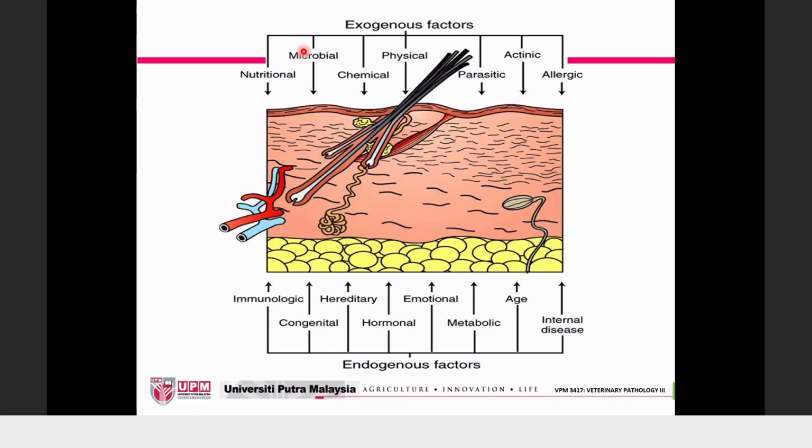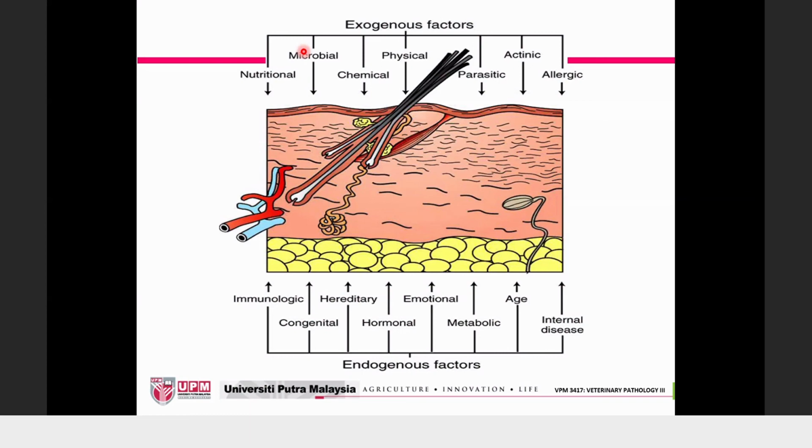Okay, thank you, doctor. Any other question? Doctor, I have a question. Yes. Why do some parts of the body, like the palm and the foot pad, have no hair follicles? Because the hair follicle doesn't appear there due to the very thick skin in nature, and because of the thick skin you don't need the hair follicle to be there.